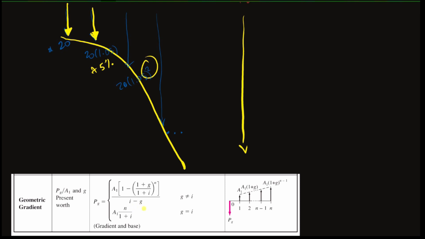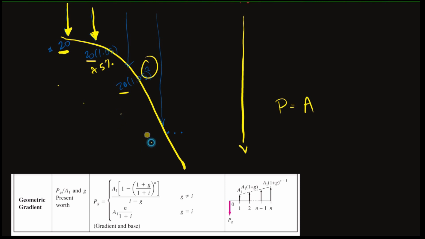To represent that in syntax, it would be P given G, but note what goes before the P given G, which is A, the annuity amount or the uniform series amount. So if we were going to solve this, all of the geometric growth is based on that amount.